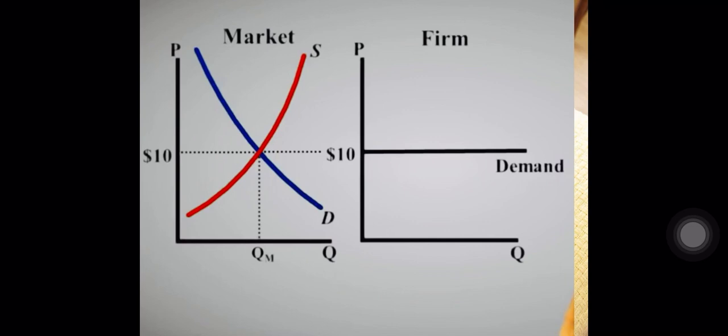With regards to type of product under this market structure, products are homogeneous or undifferentiated. The products are highly substitutable, and the characteristics are all the same. So when we say that the products are homogeneous, they are similar.